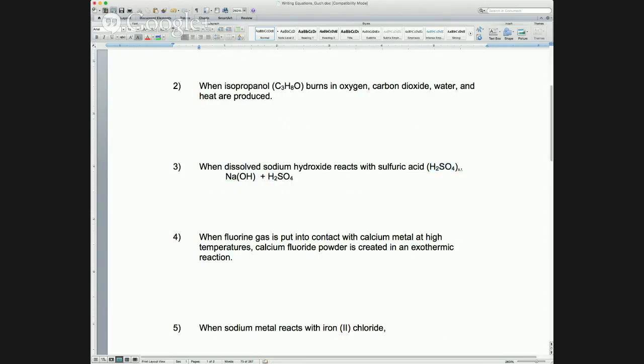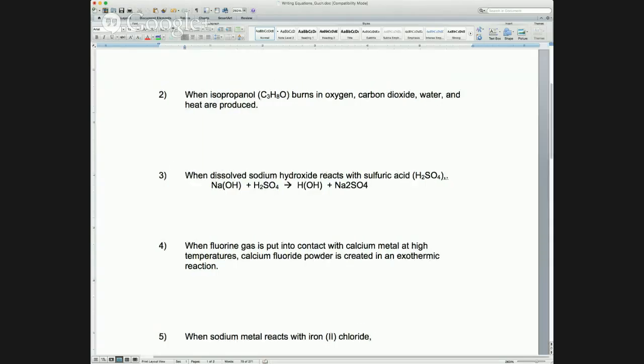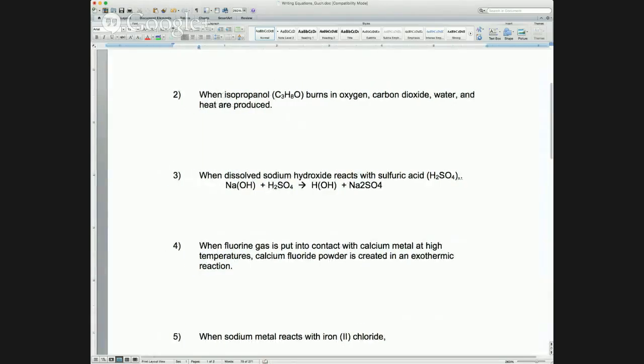Okay. And when these 2 combine, this is a double replacement, so we know the Na and the H are going to switch places. So you end up with HOH plus Na2SO4. SO4 is sulfate, it's a polyatomic ion.